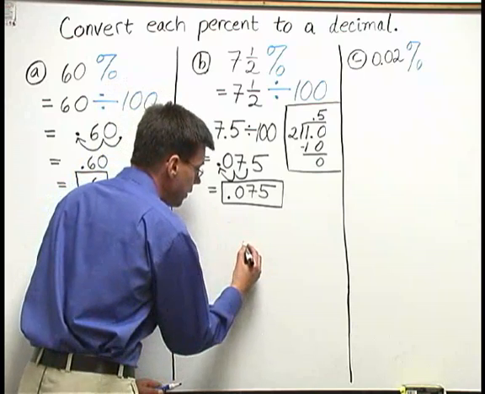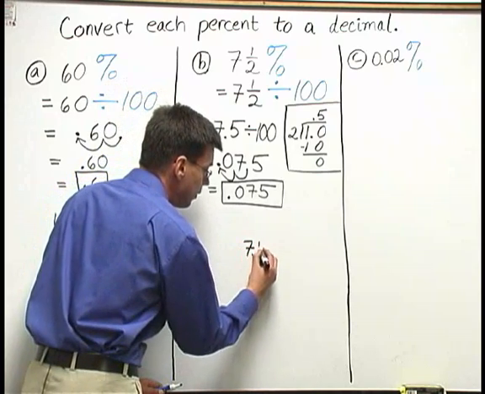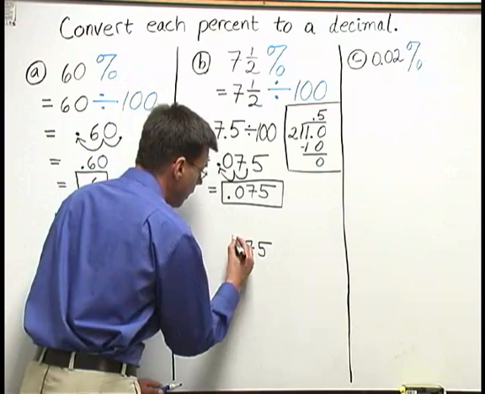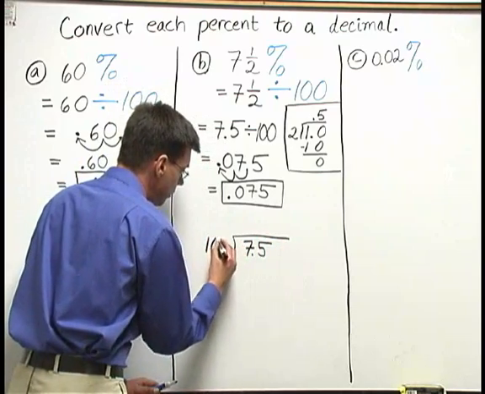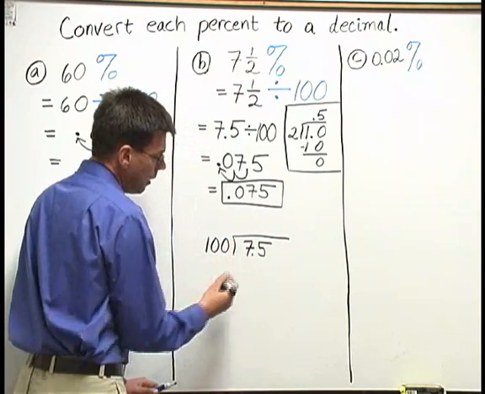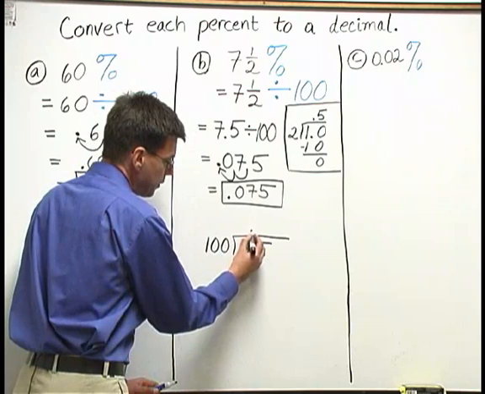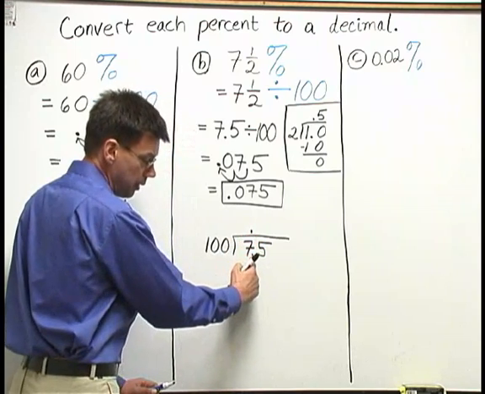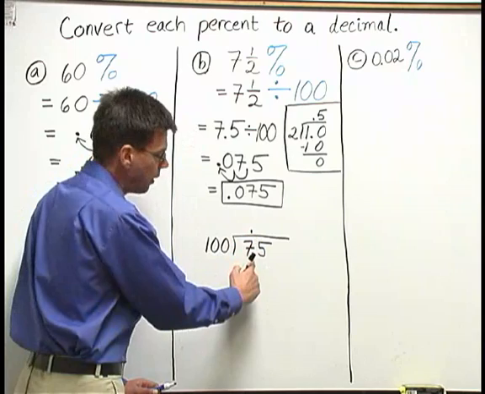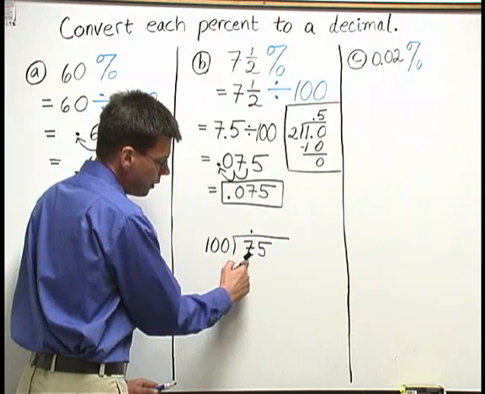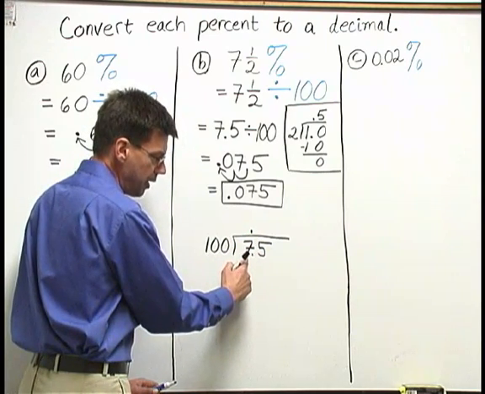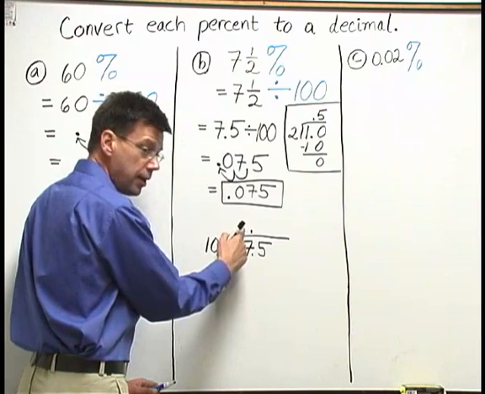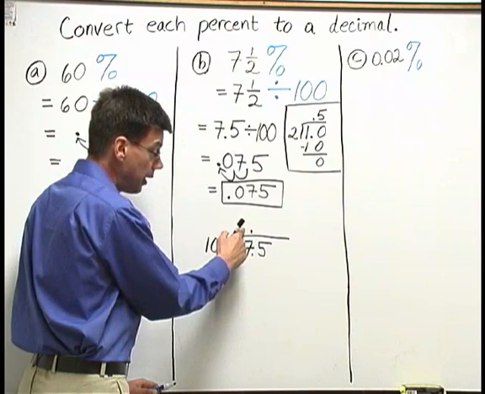And again, if you aren't certain about the shortcut way to divide by 100, you can work this out using long division. You can write 7.5 and divide by 100 the long division way. Now the decimal point in my answer will be right above the decimal point in the 7.5. 100 doesn't go into the whole number 7. I could write a 0 above the 7. I don't have to.